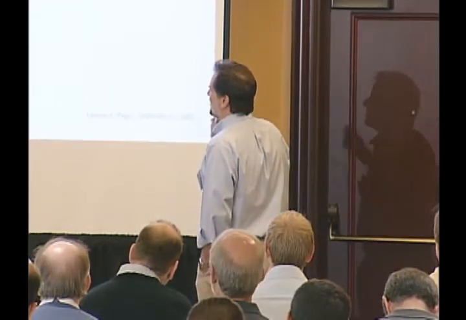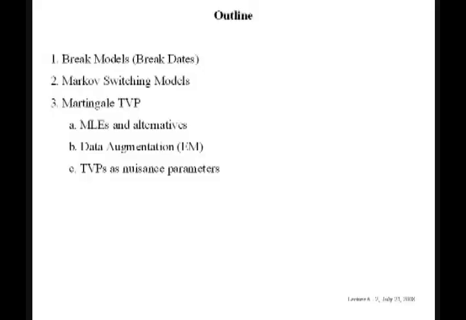And I'll talk a little bit about data augmentation as a method. This sort of EM method is an old idea applied here to these kinds of models, which makes life very easy. I'll also talk a little bit about time-varying parameters as nuisance parameters. Suppose you've got models with two sets of parameters: some time-varying, and some that aren't time-varying, and you only care about the ones that aren't time-varying.